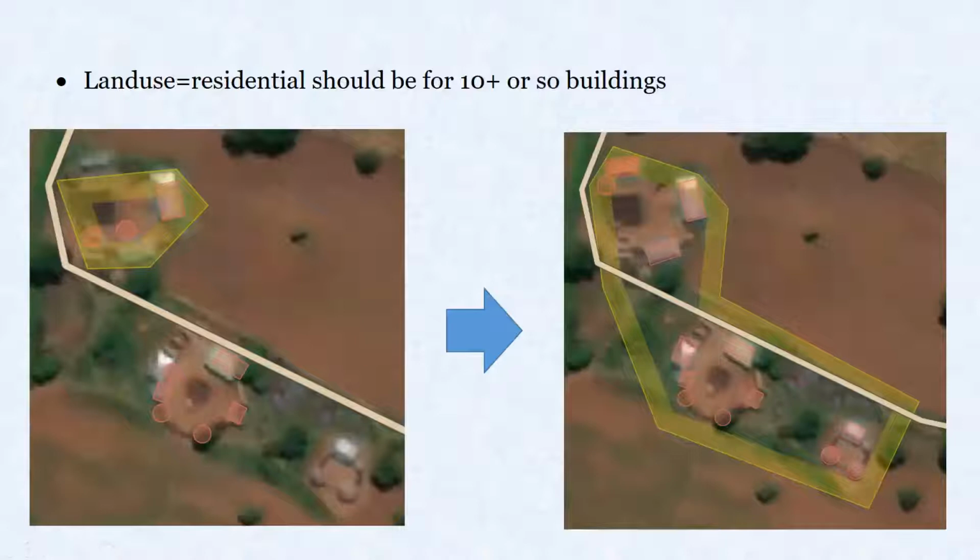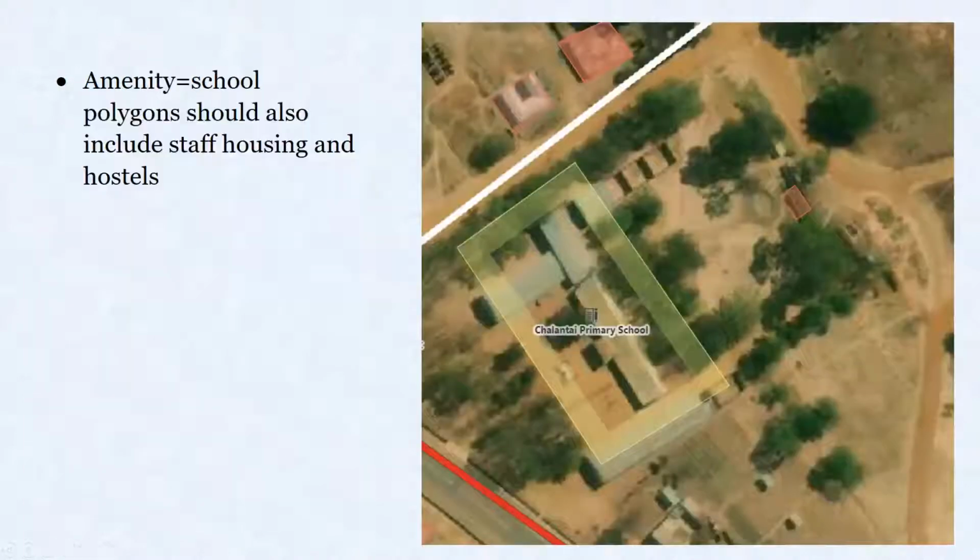And then often we see people using remote editors making a landuse equals residential, just for three houses here. It's not necessary to make a small residential area for just three buildings. It's better to have ten. Also, we've been doing a lot of mapping of the schools.